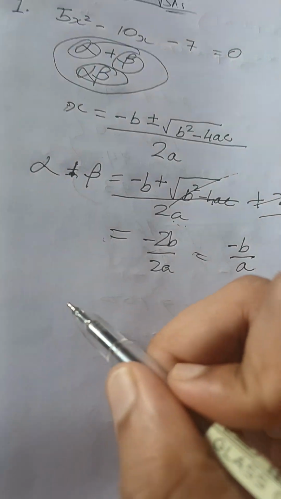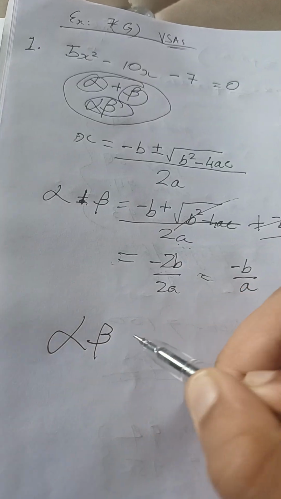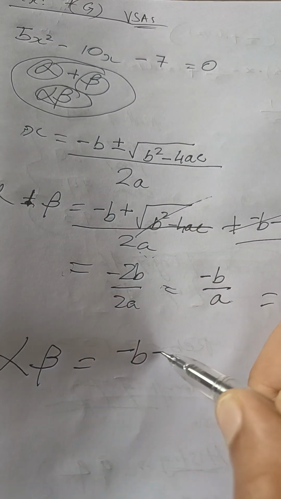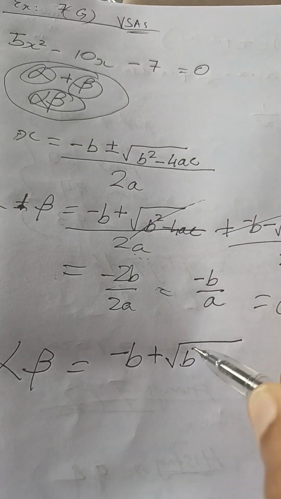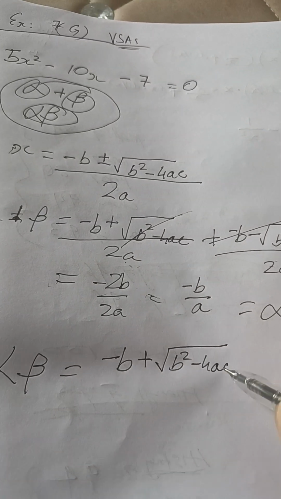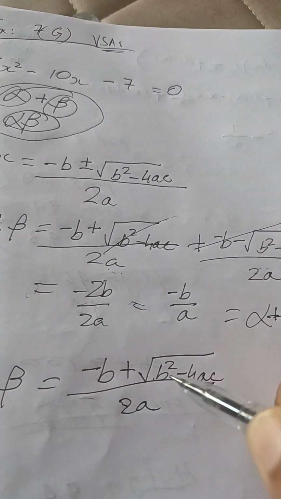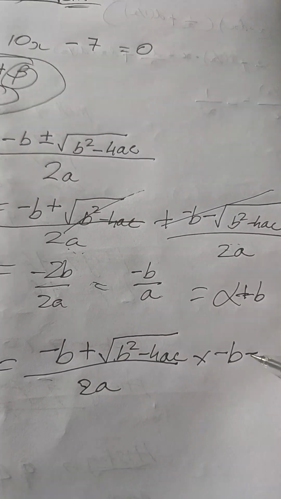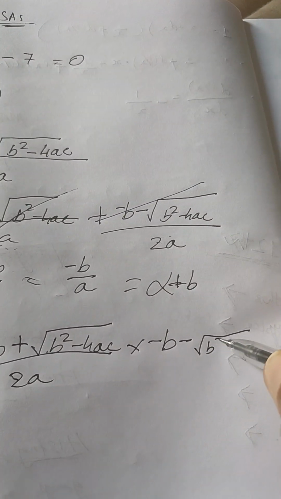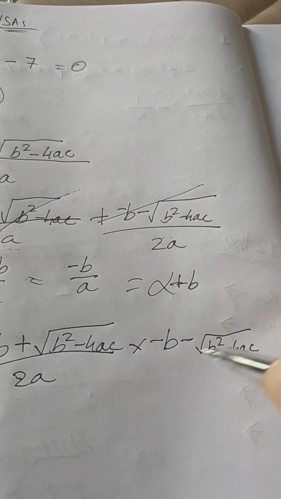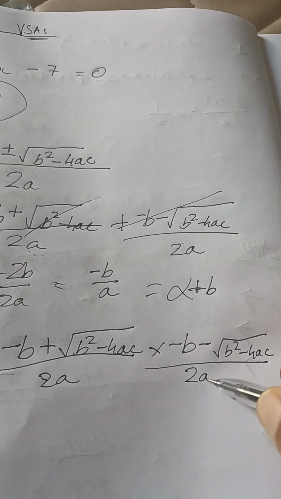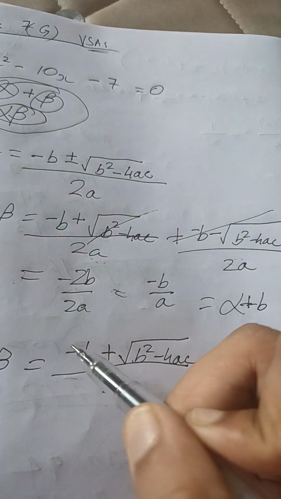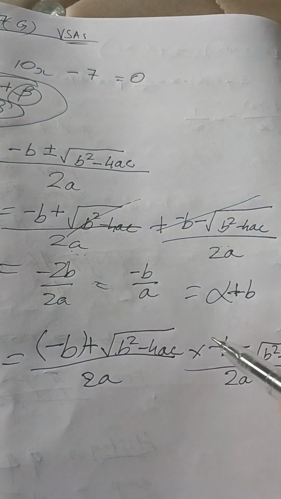and if we want alpha into beta, we can just do the same process: minus b plus root over b squared minus 4ac whole over 2a, and we multiply this with the same thing, except now it is minus, 2a, right? So as you can see, this is minus b, this is minus b.